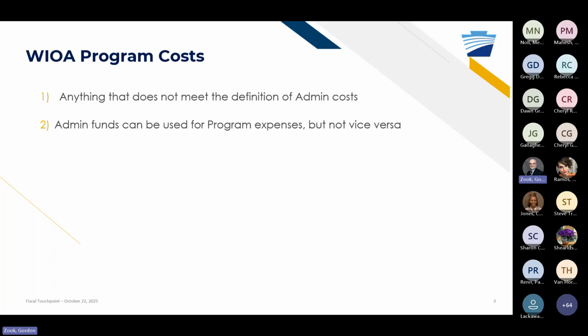You can use that difference for program expenditures. You cannot, however, go the other direction. You cannot use program money for administrative expenditures. So it does give you some flexibility in terms of additional funds that you could use for program expenditures.